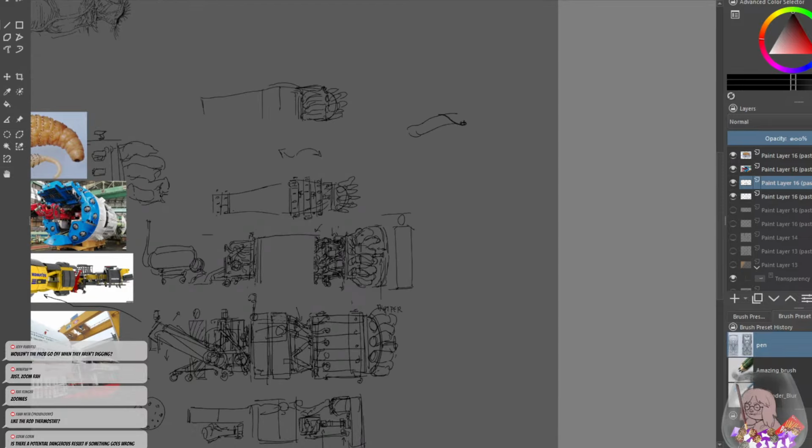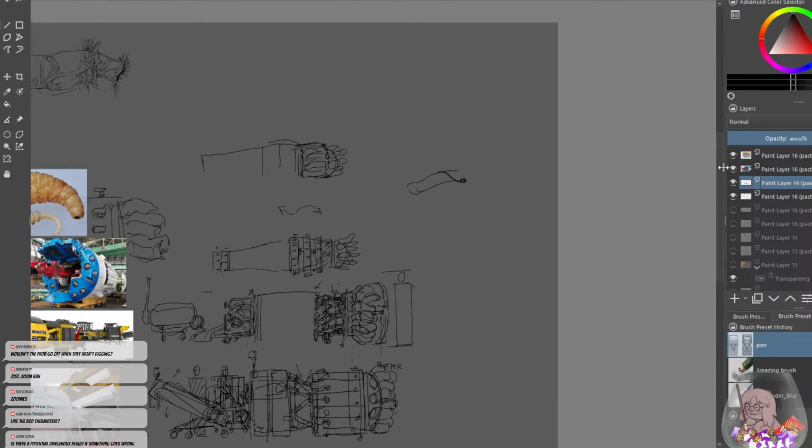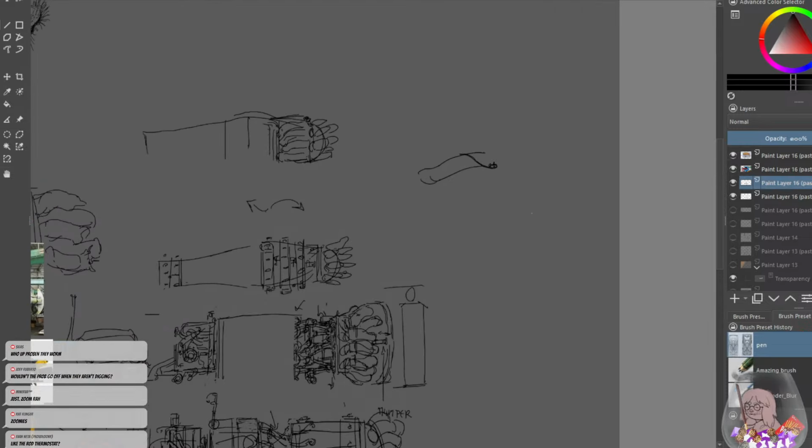Go off when they aren't digging? That's the point! What did I just say? I said we need a thing to detect if they're not digging, which means they're most likely dead. So yes, it would go off if they're dead. That's the point of the probe.